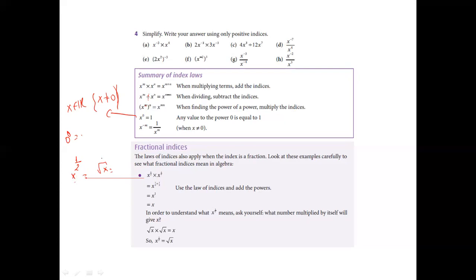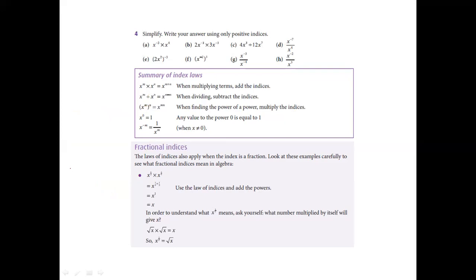So x to the power of 1 over 2 means the square root of x. The root power is 2 here, and the power of x is 1. So the power of the root goes to the denominator, and the power of the variable goes to the numerator. So x to the power of 1 over 2.